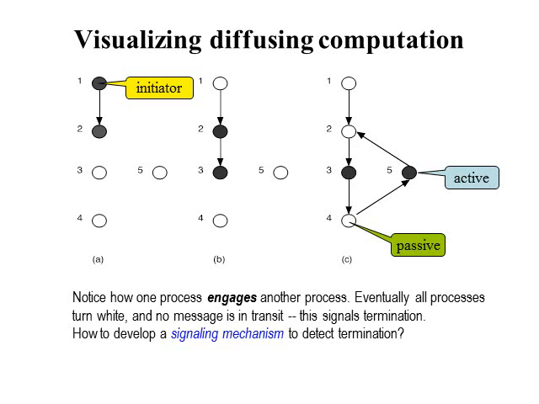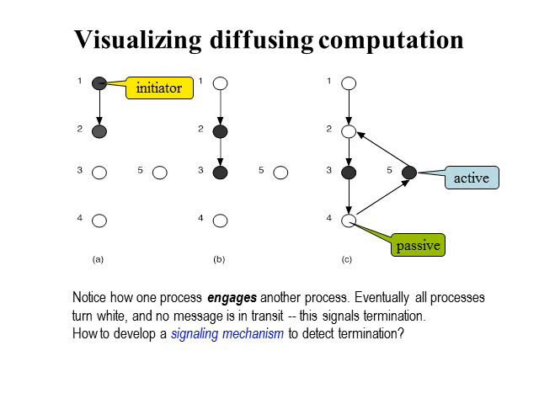In figure A, we see that process 1 initiates the algorithm to find out whether the termination has occurred or not. Okay, so process 1 is called the initiator process or the initiator node.